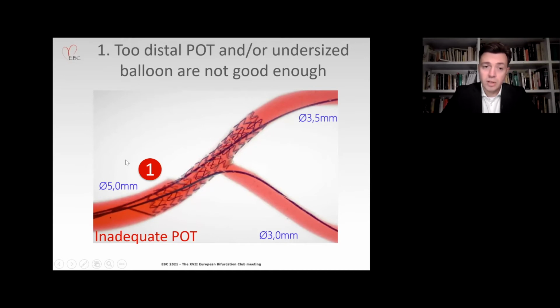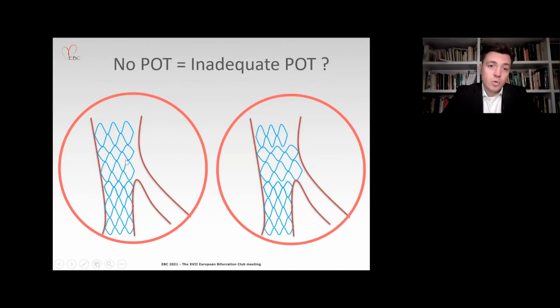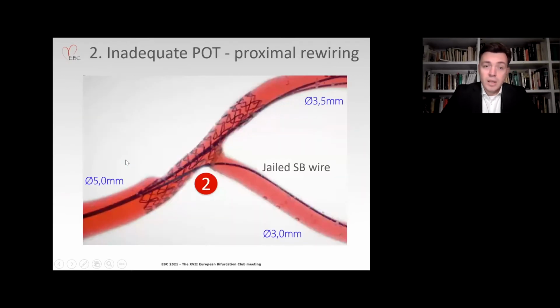It was not performed correctly, and it leaves the proximal part of the stent still not expanded well, with a large portion of malapposition. So if you think in terms of graphically depicting what we just saw, on the left-hand side of the slide, you see no POT at all, and on the right-hand side of the slide, you see inadequate POT with too distal and or undersized balloon. The consequence is the same. You can rewire abluminally.